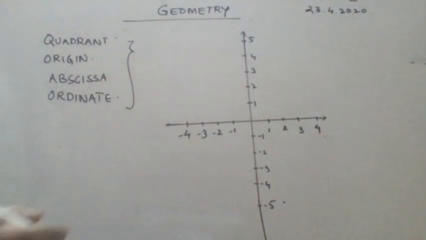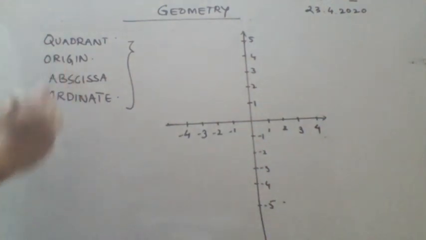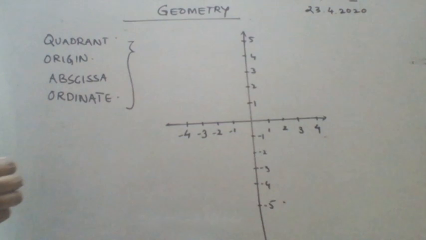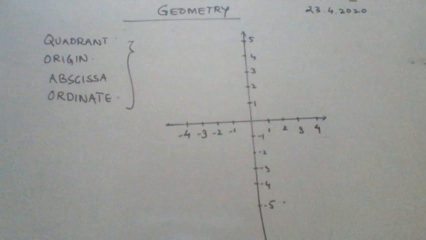So I will give you some points and you will plot them, and you check it from this board work, as well as from the graph sheet that I will show you on screen, and from that also it will be clear.